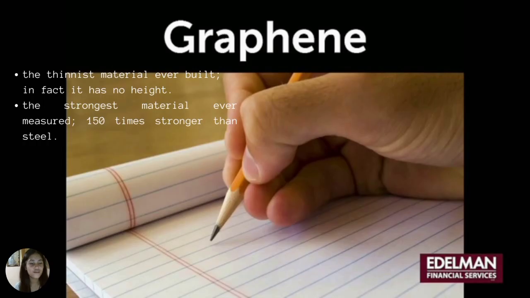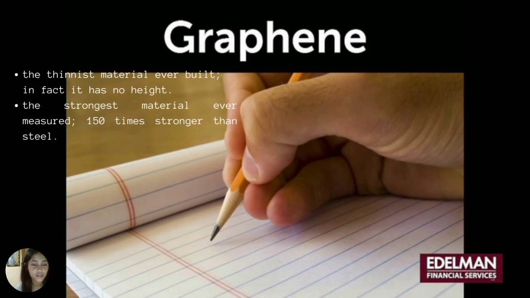We have an example of graphene. Graphene is the best example of nanotechnology. Graphene is the tiniest material ever built. In fact, it has no height. It's very thin. Imagine its size, that it has no height. The strongest material ever measured.